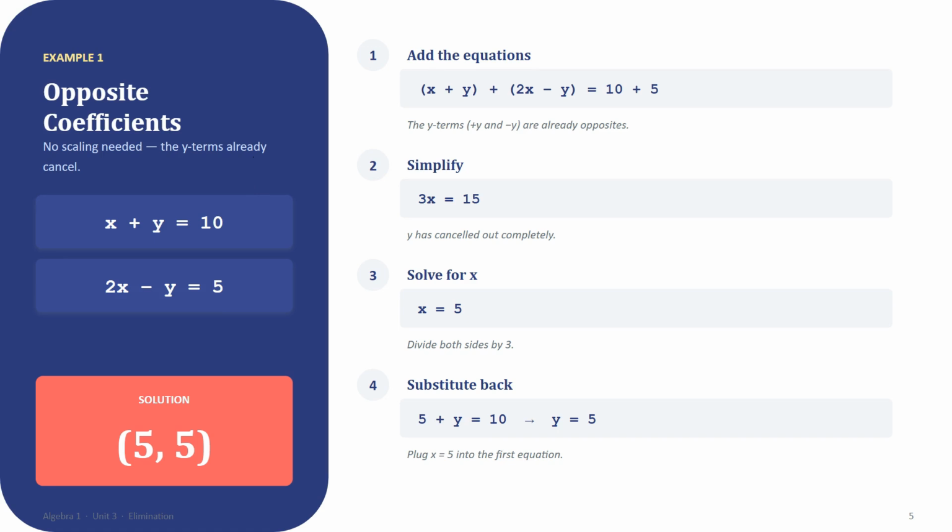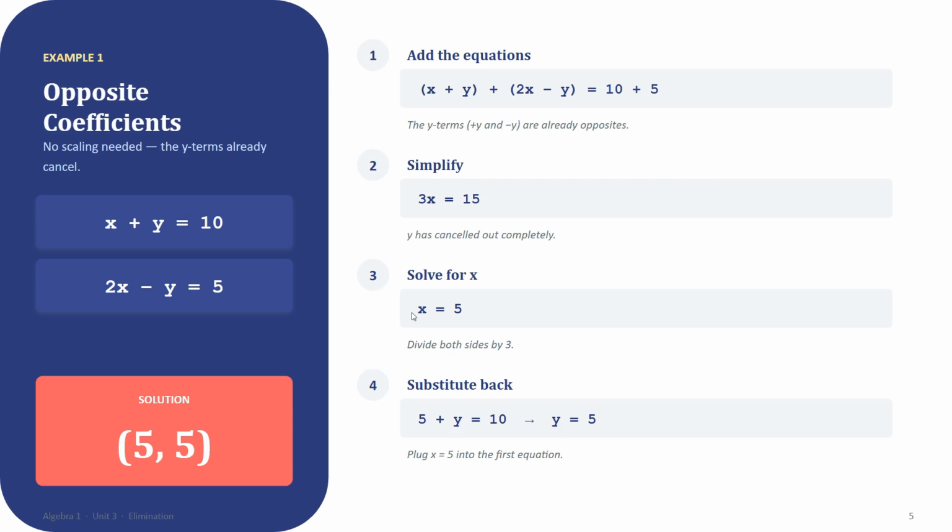We do x plus y plus 2x minus y equals 10 plus 5. And then we cancel out the y, and we add 2x plus x, and that equals 3x equals 15.